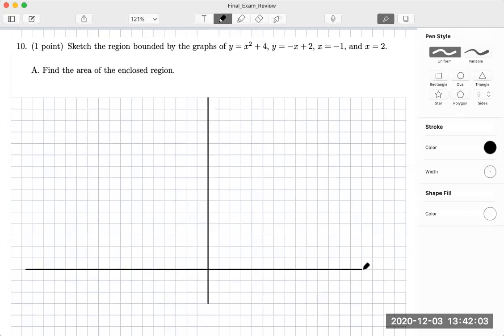Could you find if one is bigger than the other by plugging in a number? Could you plug in 1 for x in both of the functions, and if one is bigger, wouldn't that make the function bigger? If you put 1 for x, you get 5 for y equals x squared plus 4, and you get 1 for y equals -x plus 2.